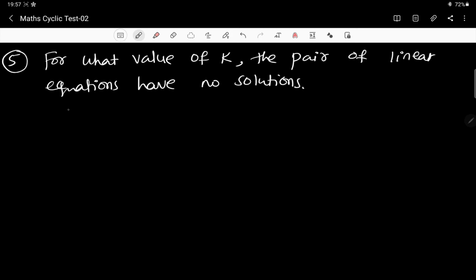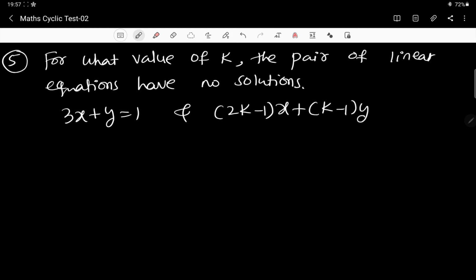The equations are given like this. The first equation is 3x plus y is equal to 1, and the second one is (2k minus 1) into x plus (k minus 1) into y is equal to 2k plus 1.